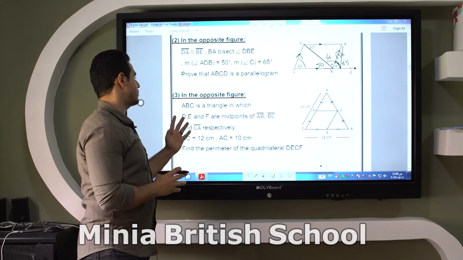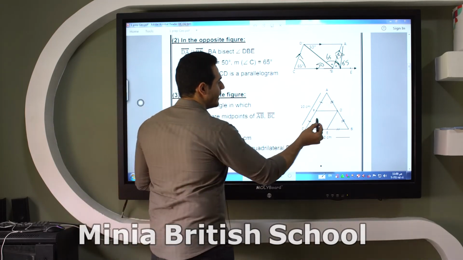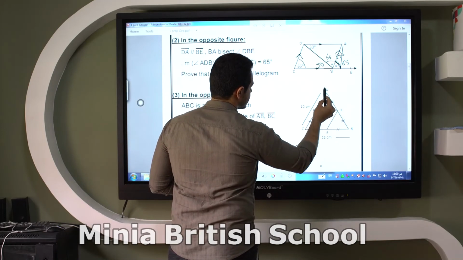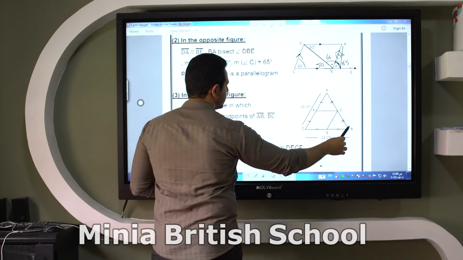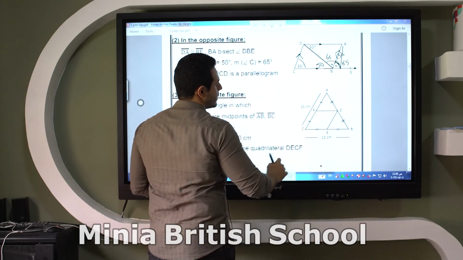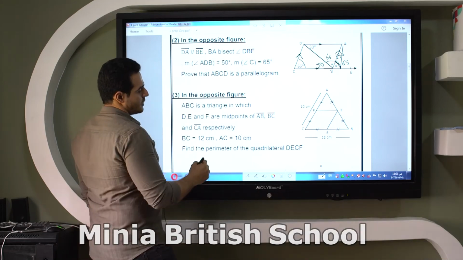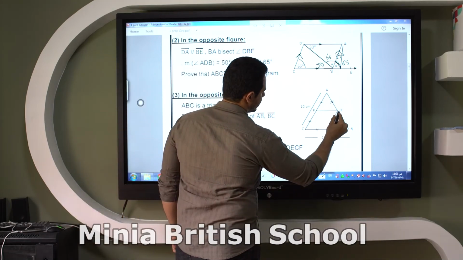Exercise 2. ABC is a triangle in which D is the midpoint of AB, F is the midpoint of AC, and E is the midpoint of BC. BC equals 12, AC equals 10. Find the perimeter of quadrilateral DECF.